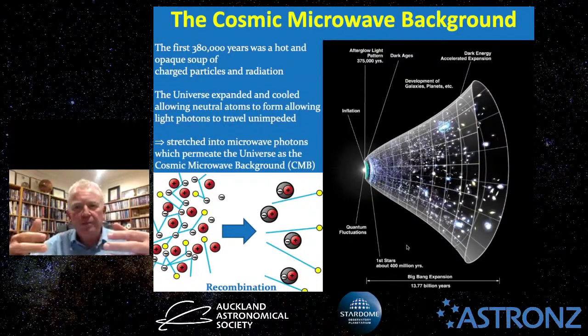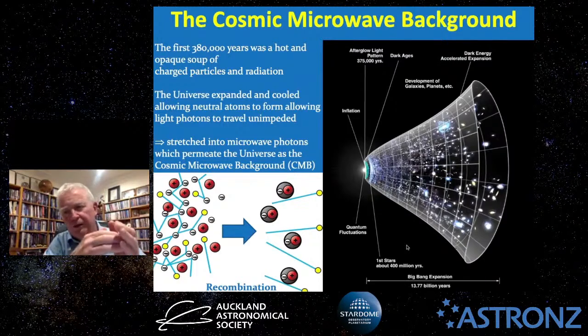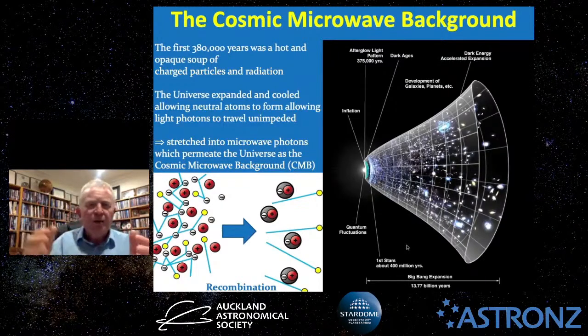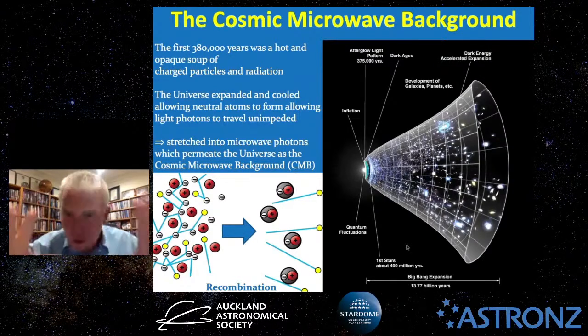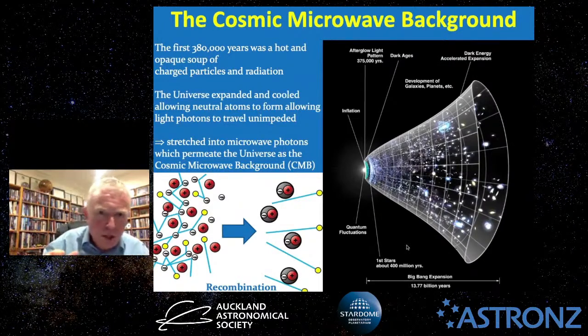Photons interact with charged particles. So you've got these photons of light radiation constantly whamming into a proton, interacting, spat out again, ramming into an electron. So the whole universe was a hot, seething, opaque soup of charged particles and radiation. You wouldn't want to have been there, trust me. Take my word on that. It wasn't a pleasant place.